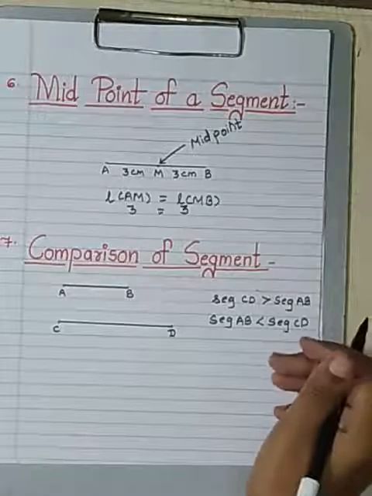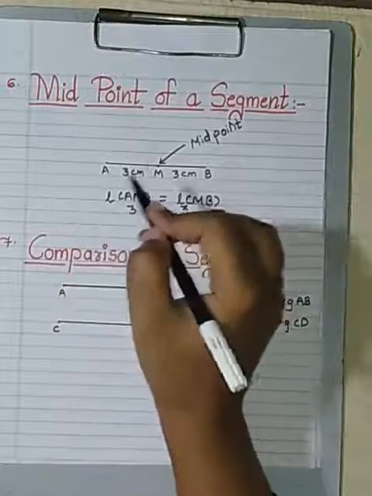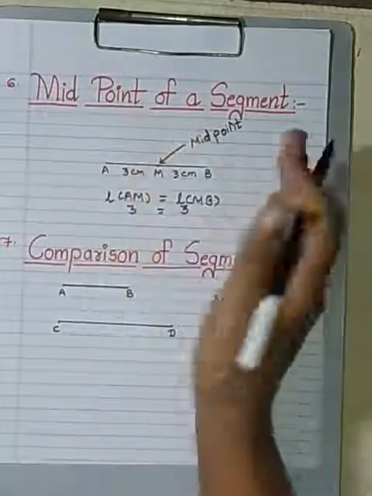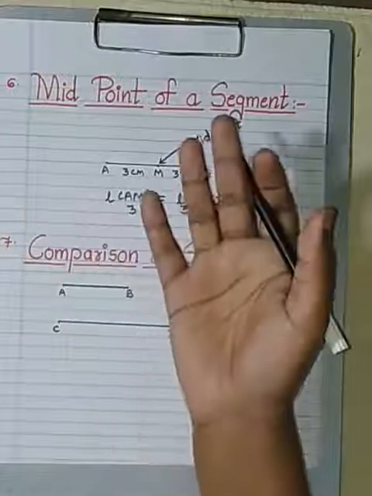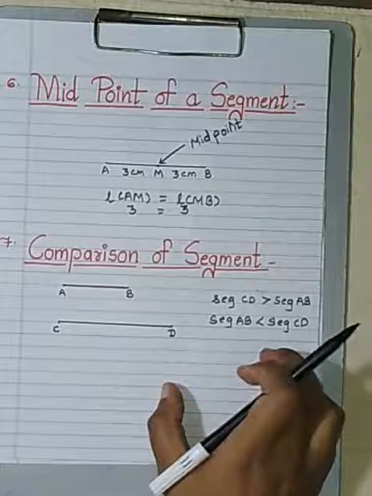But children, if you are given a line segment of 4.9 centimeters and another of 5 centimeters, how can you tell by looking which line is greater and which is smaller?